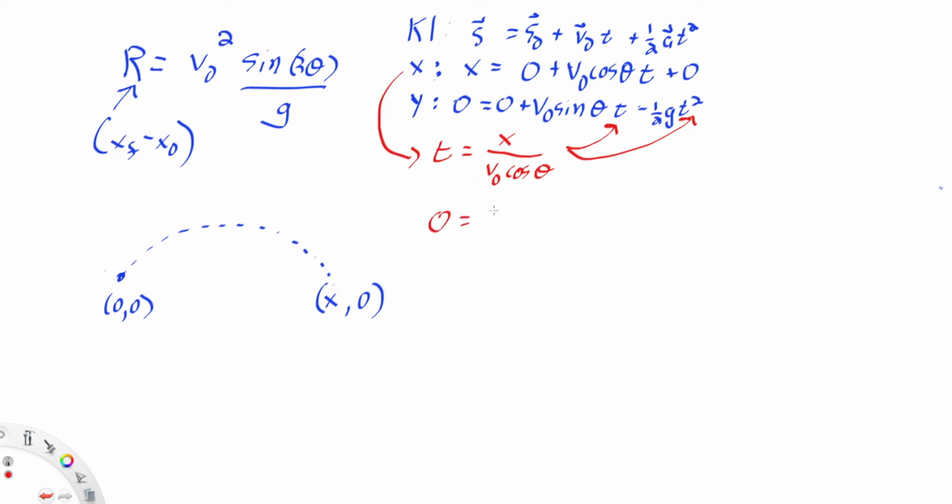So we get 0 equals v naught sine theta x over v naught cosine theta minus 1/2 g x squared over v naught squared cosine squared theta.